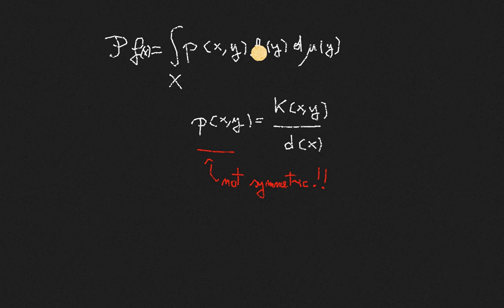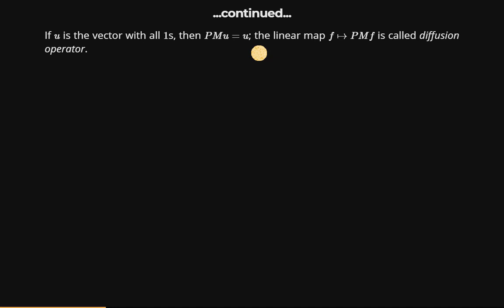This is also true for the matrix that we built before. This is not symmetric anymore. Now, this linear map is an integral operator in the continuous case, and it's called the diffusion operator.